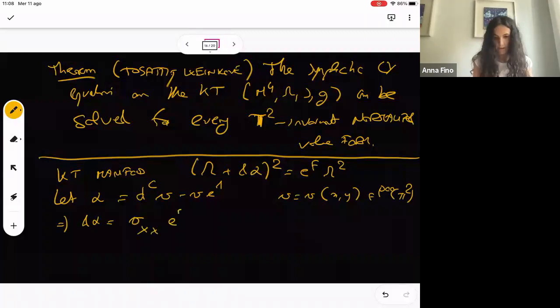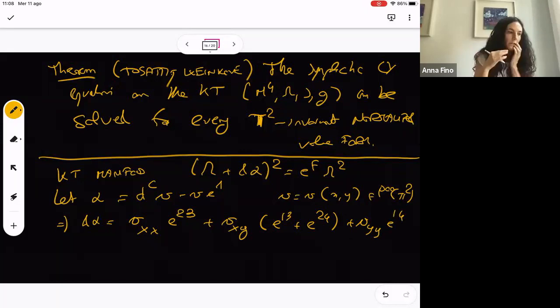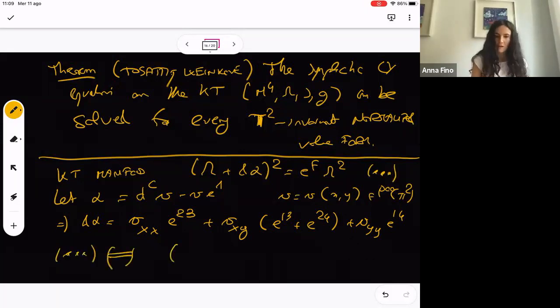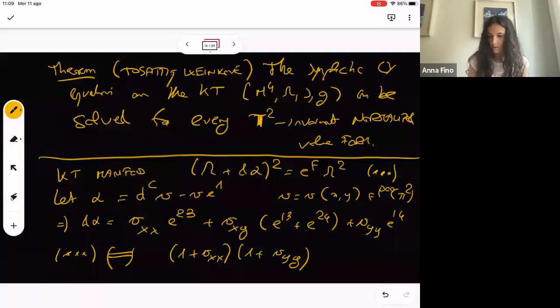Vxx E3 plus Vxy E1 E3, just a computation. Okay, that's the computation that we have. And so what is nice is that the previous equation becomes a real Monge-Ampere equation of this type: 1 plus Vxx, if you do the computation, 1 plus second derivative yy minus Vxy squared equal to e^F.